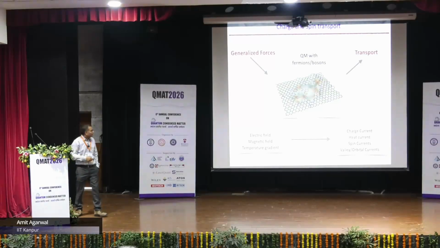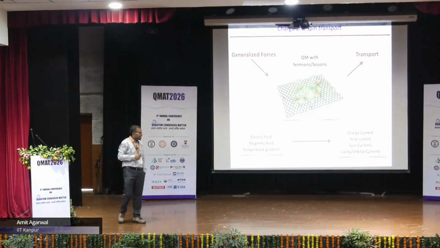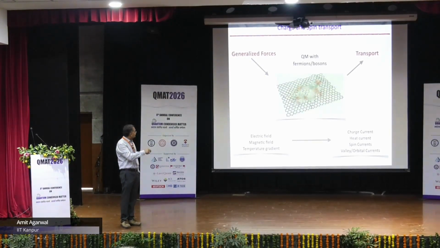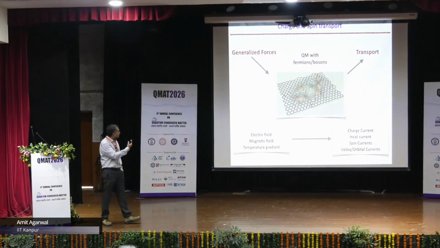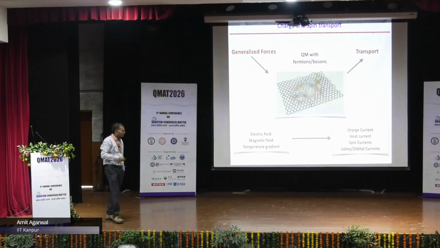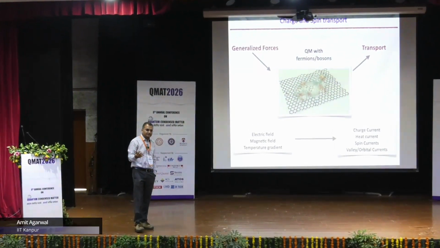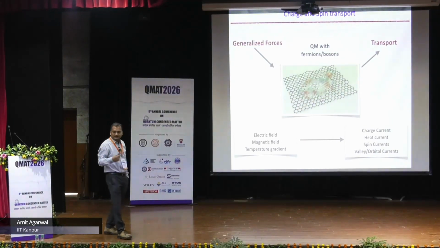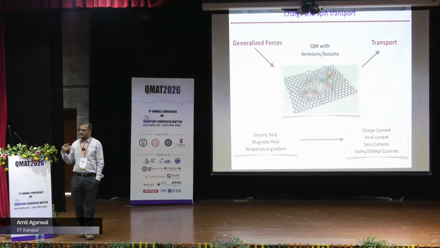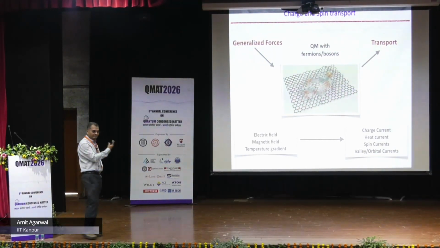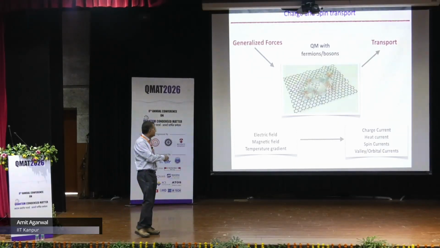So this is the broad picture, the generalized idea of charge transport. There are some generalized forces which can come from external perturbations: electric field, magnetic field, temperature gradient, strain fields, time-dependent or time-independent fields.